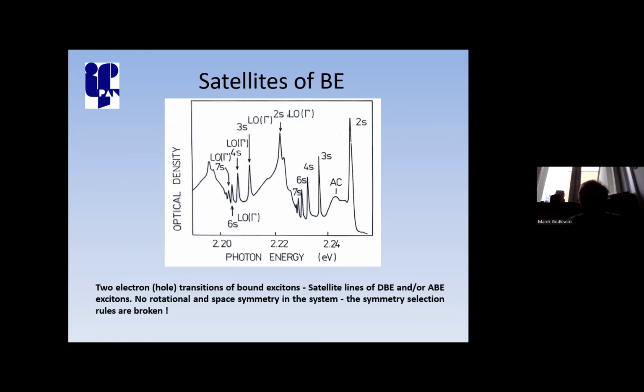It can be that an exciton decays and part of the energy is transferred for excitation of an impurity-bound exciton. It can be a donor, it can be an acceptor. I would like to turn your attention to one point.